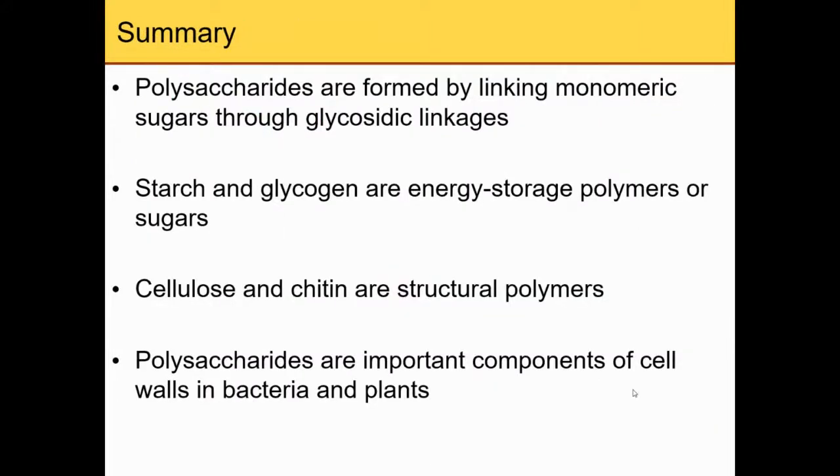So basically the summary: polysaccharides are formed by linking monomer sugars through glycosidic linkages, and starch and glycogen are energy storage polymers of sugar. And later on, when the next professor discusses the breakdown of these polysaccharides, you will learn how animal cells store the glycogen, and then how they use the glycogen.